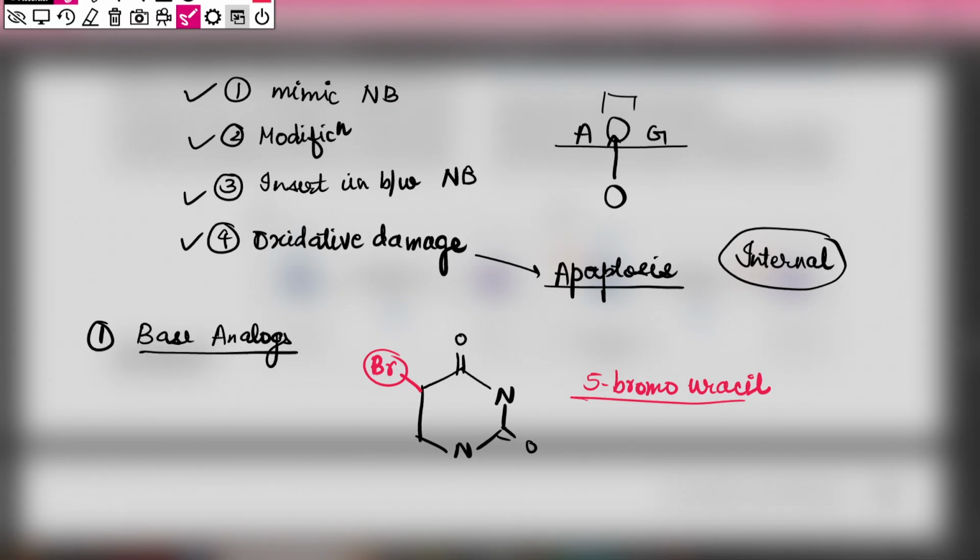Now there is a very special feature of this 5-bromouracil. This particular 5-bromouracil can do base pairing with adenine. Suppose this is my structure of adenine. Here we have NH2, and it will have its NH here.